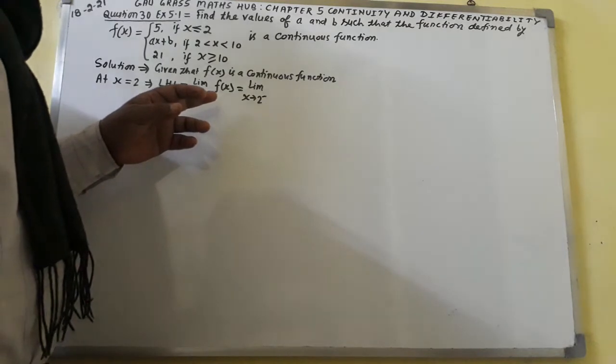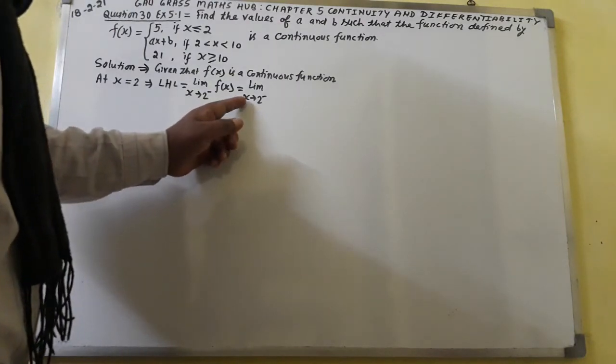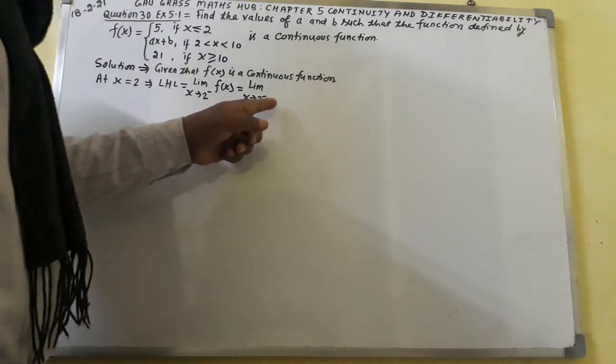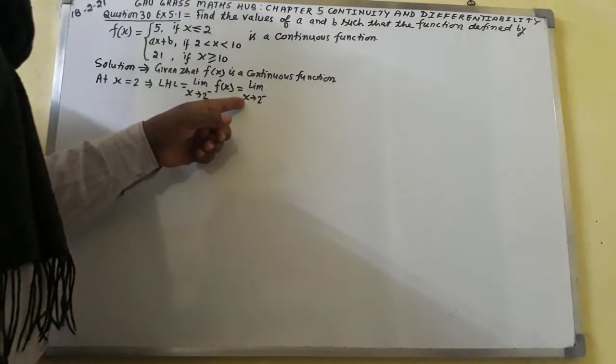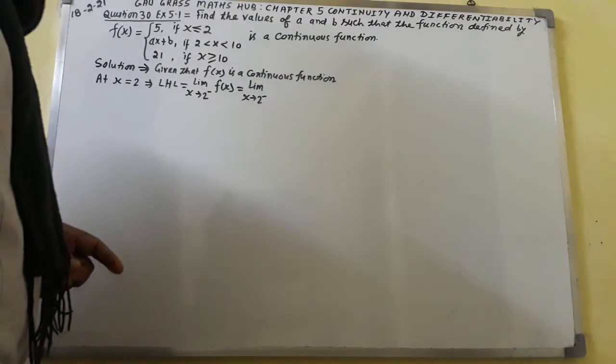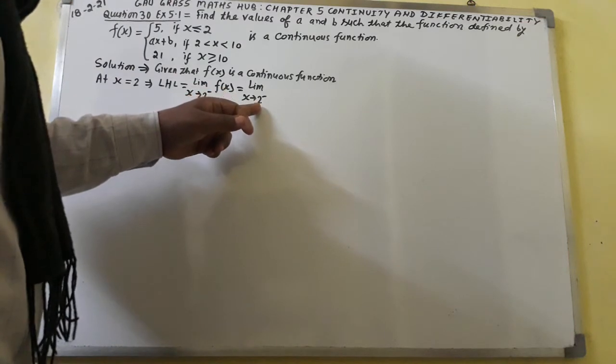What should I write in place of f of x? Here it is written x tends to 2 negative, this means that the value of x must be less than 2. We have to find the function in which the value of x is less than 2.